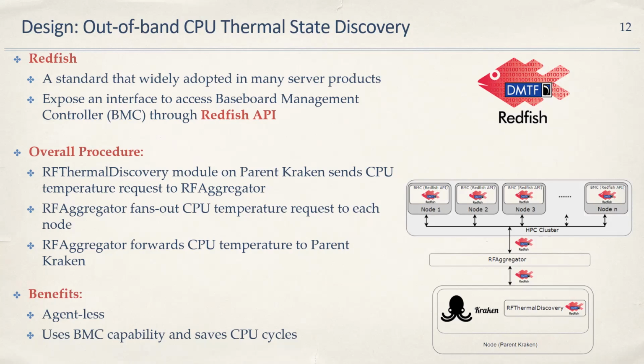That's a very clean and efficient way to access the CPU temperature. We can use either the in-band or the out-of-band approach, depending on the choice of the data center operator.